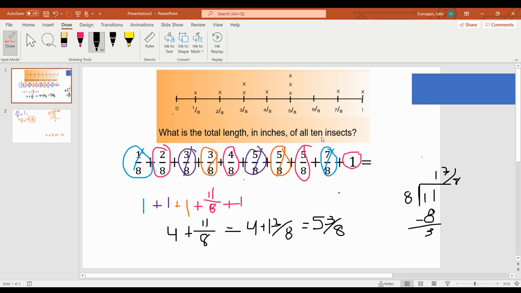Okay, but the key to remember is when we have to add them all up, we need to find the total length. It would be like putting them each end to end to end. Okay, lining each little insect up until we made one long line, 5 3/8 inches. Okay, I hope that helps.